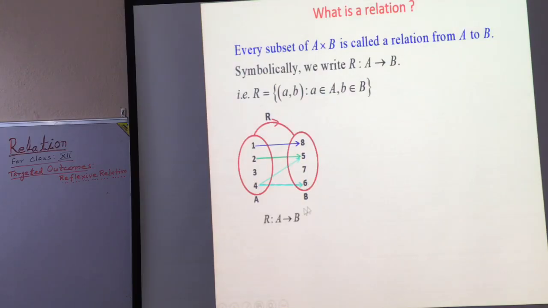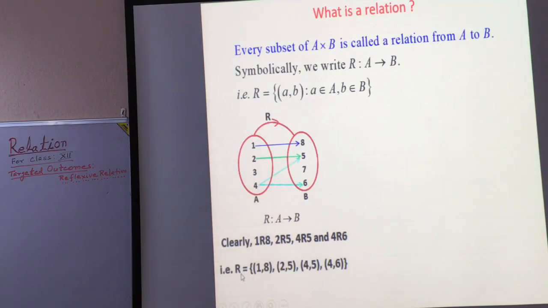So R is a relation from A to B. In this relation, 1 is related with 8, denoted by this. Similarly, 2 is related with 5, 4 is related with 5 and 4 is related with 6. This fact can also be written as R is a relation consisting of the following 4 elements.